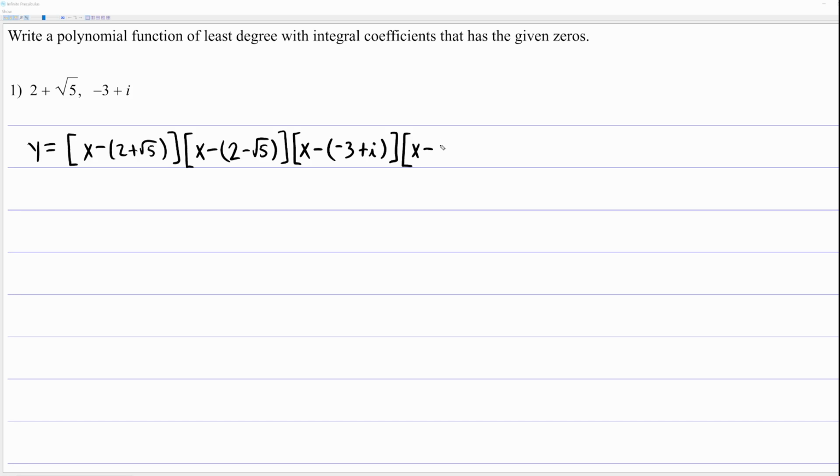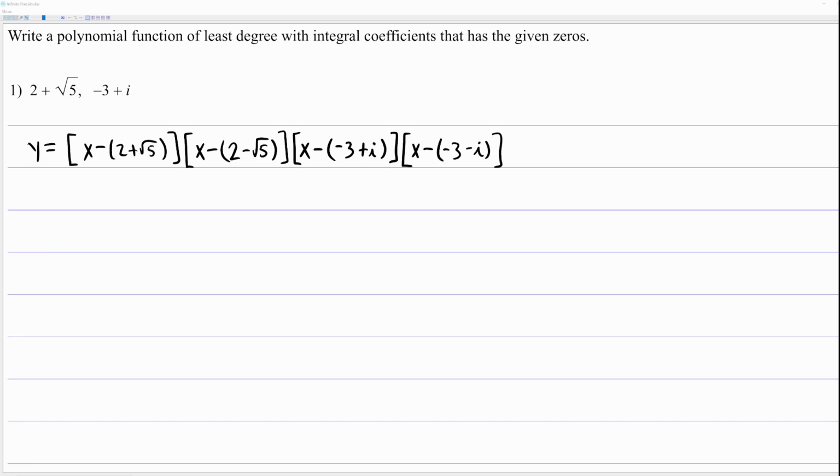X minus, well, if negative 3 plus i is a 0, negative 3 minus i is a 0. Now, this is technically the answer to the question. We've written down a polynomial function, and it has the given zeros. Now, it's implied in the instructions, integral coefficients, that we're supposed to multiply all of this out.